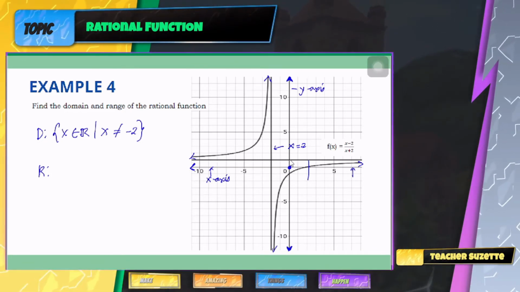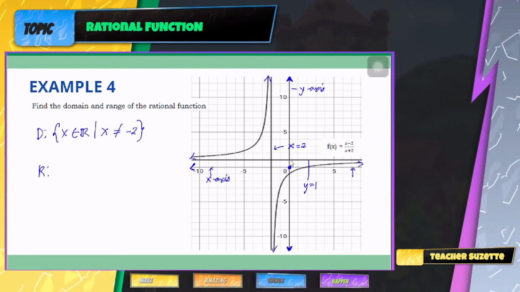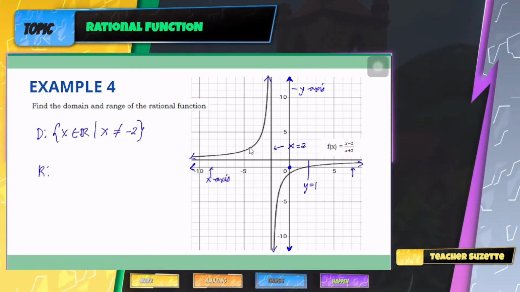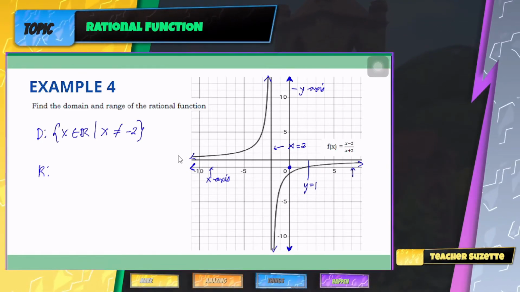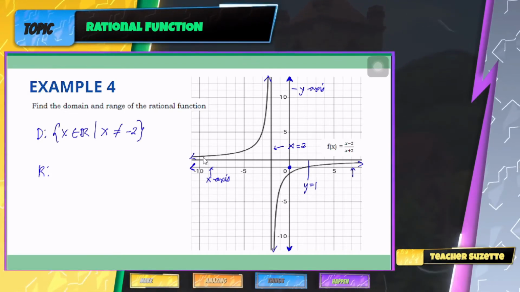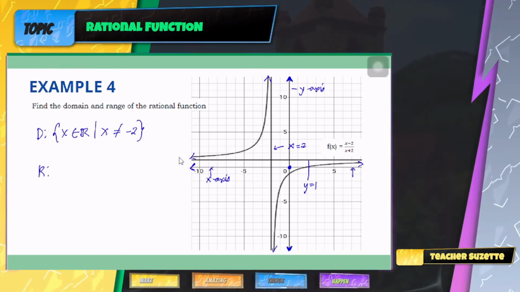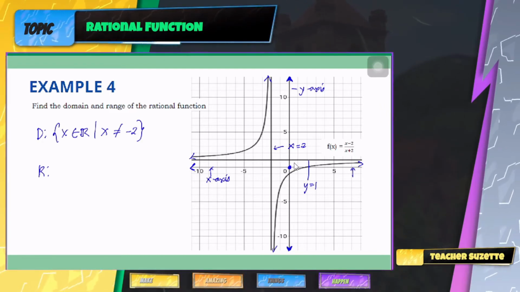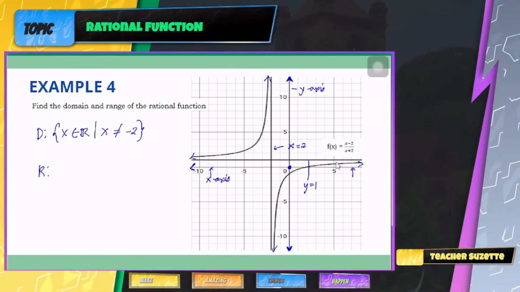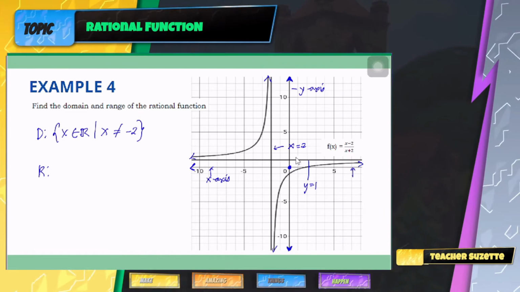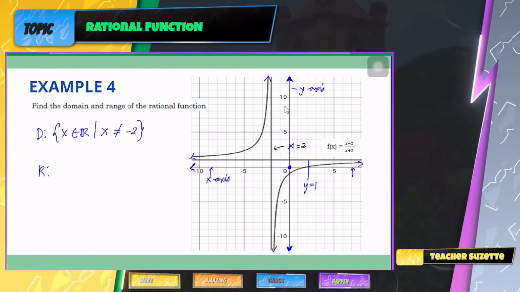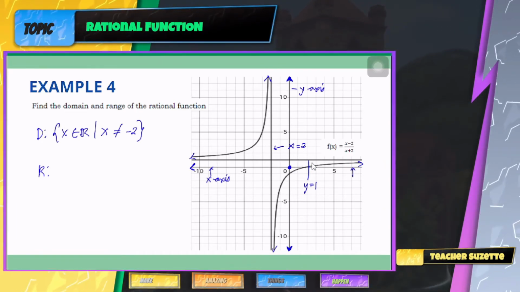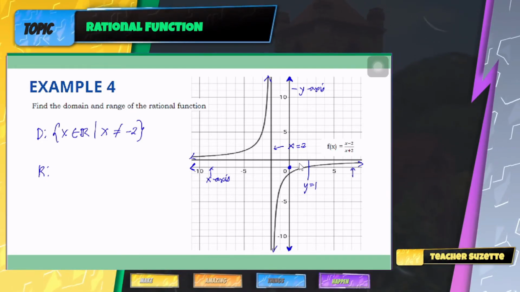at your y is equal to 1, mapapansin mo na as your x increases without bound, it gets closer to your y is equal to 1. So, as your x naman decreases, hindi niya ina-approach yung y is equal to 1 mo, hanggang dito lang siya.